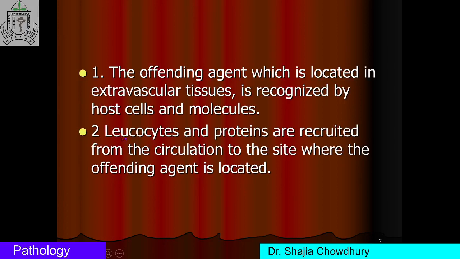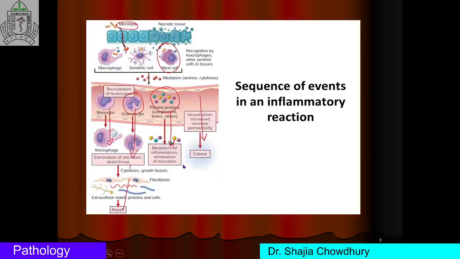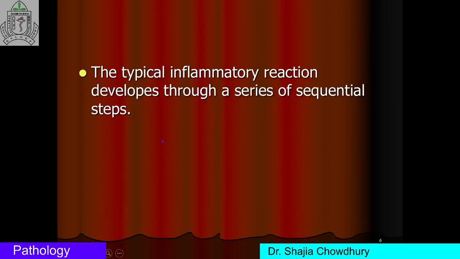Then, leukocytes and proteins are recruited from the circulation to the site where the offending agent is located. Neutrophil and plasma protein, which reside inside the blood vessels, are recruited from the blood vessel to the site of injury. This is the second step of inflammatory reaction.